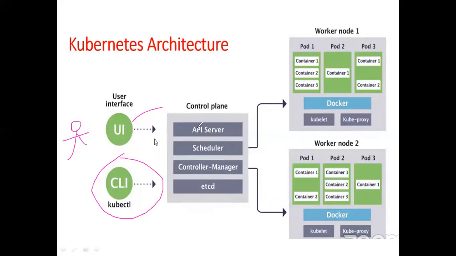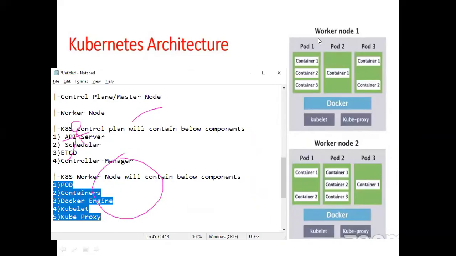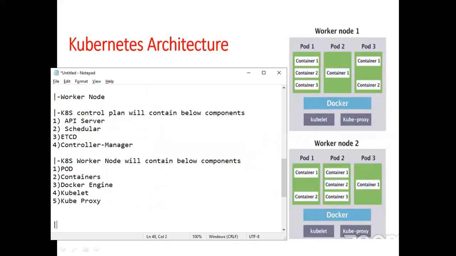Control plane means master node, because when you make a request, it will be handled by the master node, and then the master node will redirect the request to the appropriate worker node. So remember this point: how we can communicate with the Kubernetes cluster.